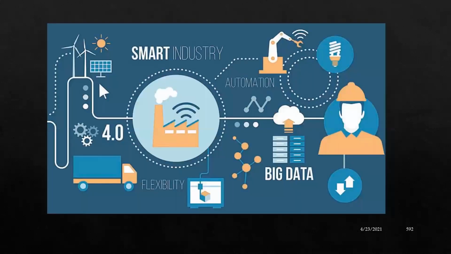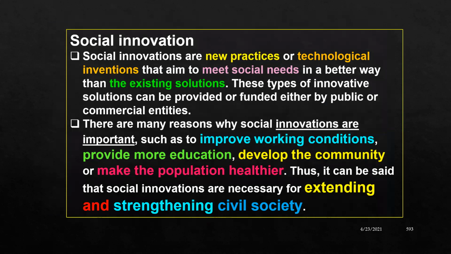So all these data, big data and smart industry, are what we are moving into, industry 4.0. But again, we should not just realize 4.0. We should reach out to more people-oriented, people-centric, ecologically oriented sustainability, and so social innovation is very important.